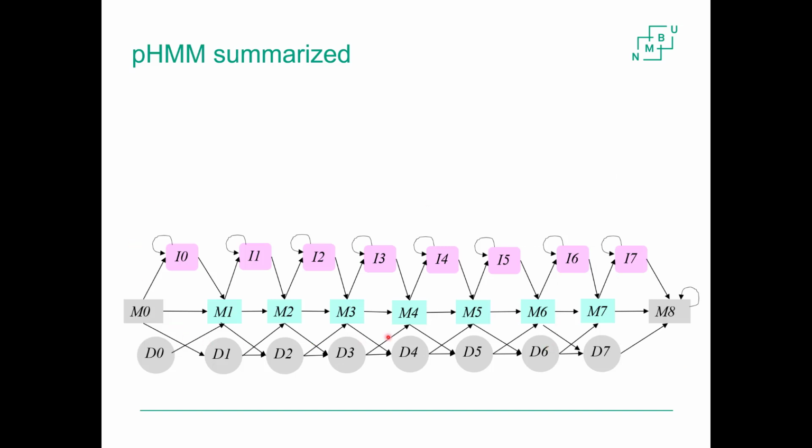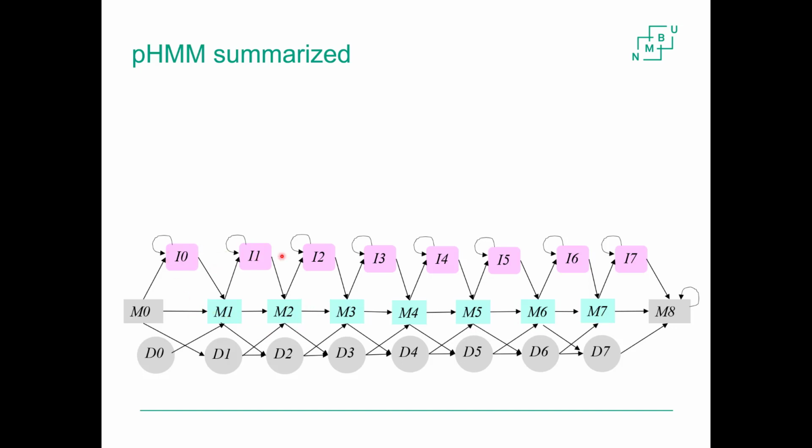So this is how these models look like in the end then, when we have added the sort of backbone, you could say, of the model, which is the blue match states in the middle here. But we also have lots of delete states because it is possible that we have some ways of going around each match state if we assume that all match states can be sort of surpassed.